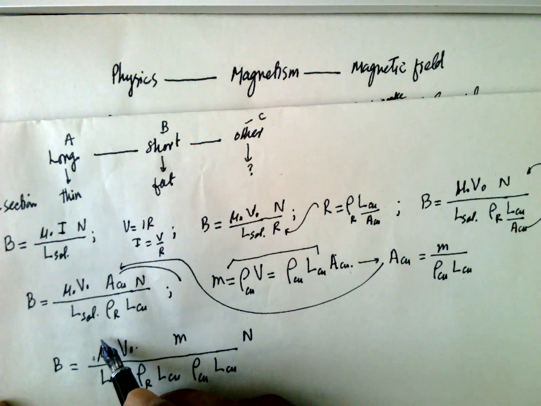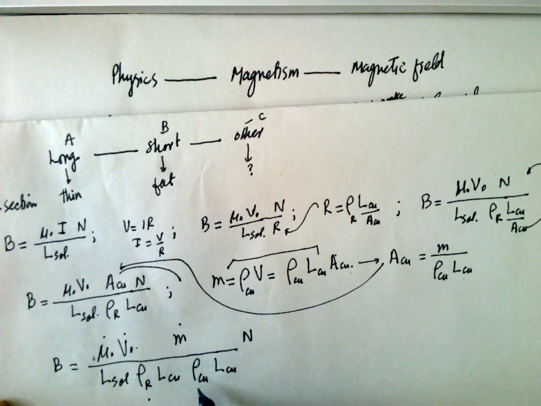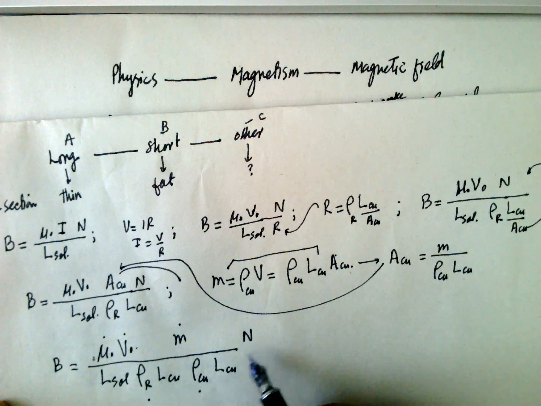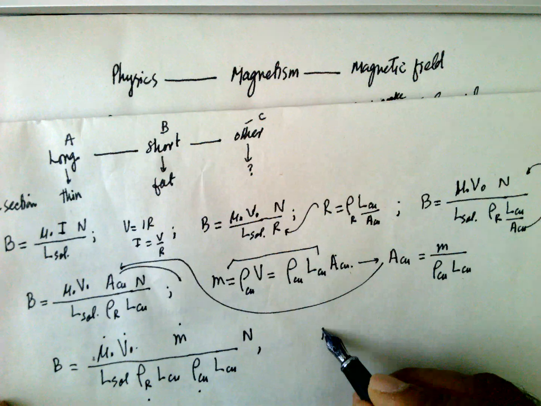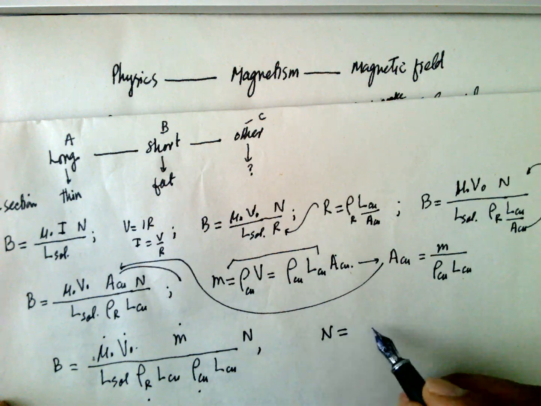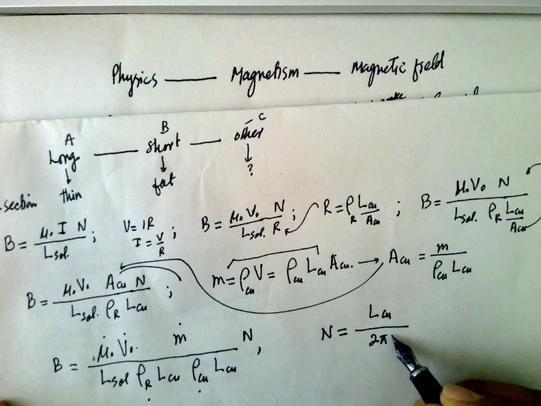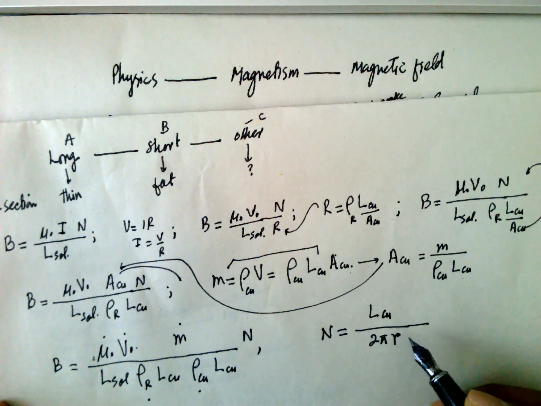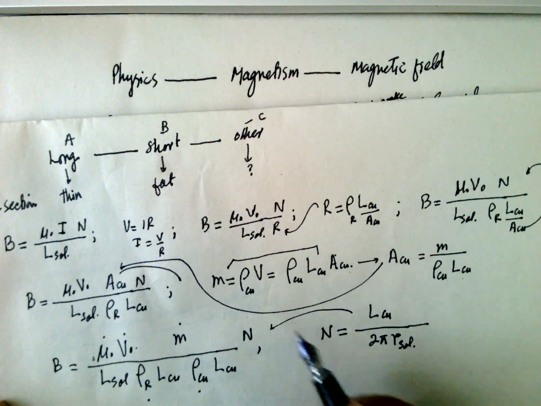This is constant, this is constant, this is constant, and this is constant. These three give L squared. Now N, the number of turns, is equal to the length of the copper divided by 2 pi r, the circumference of the solenoid. Let's substitute this value here.